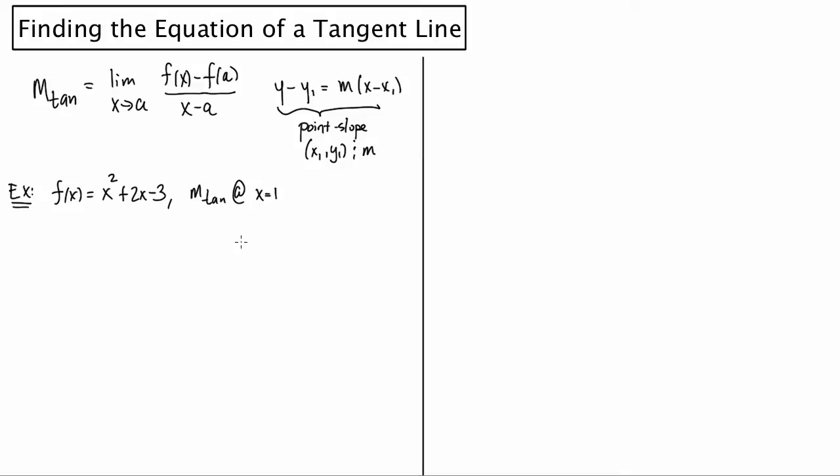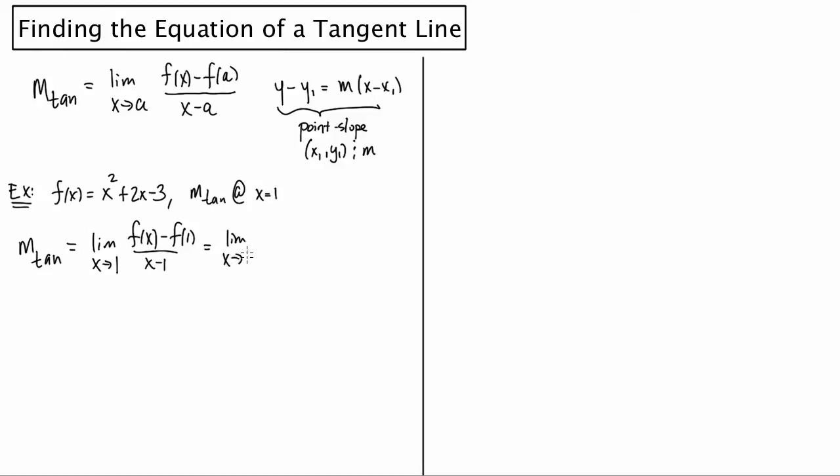So what is the tangent line to the curve x squared plus 2x minus 3 at x equal to 1? Well, we're going to start by finding the slope. The slope of the tangent is equal to the limit as x approaches 1 of f of x minus f of 1 over x minus 1.